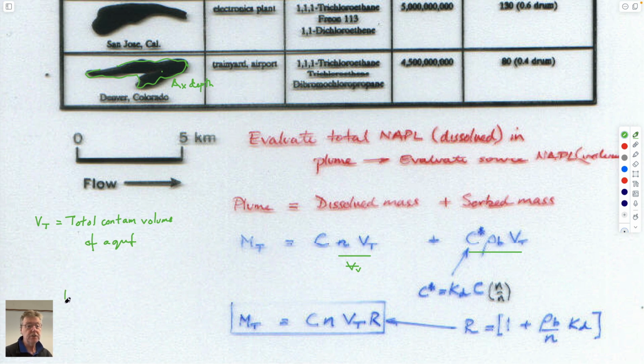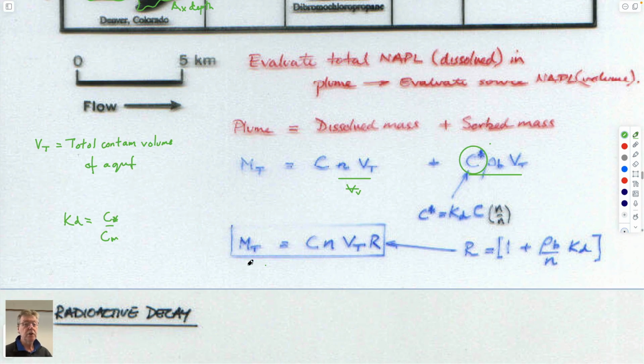And if you use the definition of the distribution coefficient, which is the concentration on the solid divided by the concentration on the water, and you substitute for this, you end up with an incredibly simple relationship which says that the total dissolved mass, including the amount that's sorbed onto the solid part, is equal to the concentration, porosity, and the volume, which is what you might have used, but post-multiplied by the retardation coefficient. Retardation coefficient is always greater than 1, so there will always be more than just the dissolved amount, and you can calculate it.